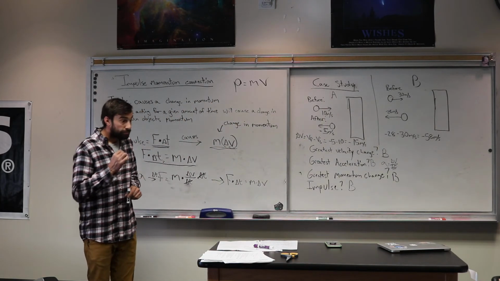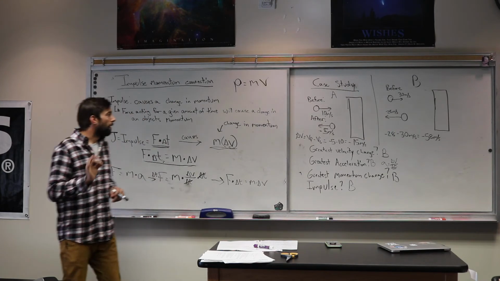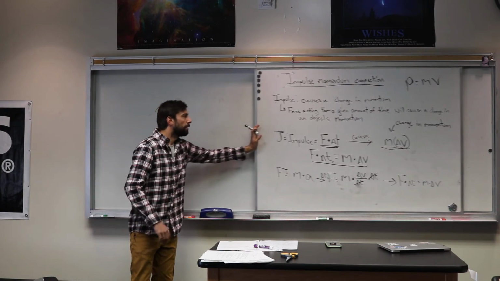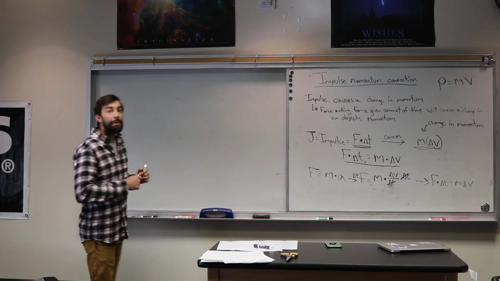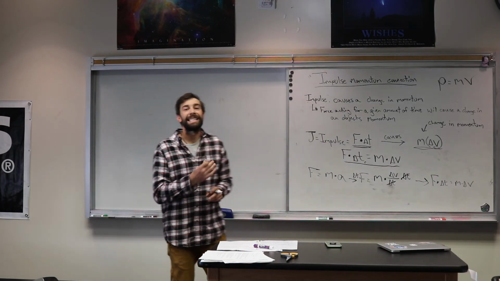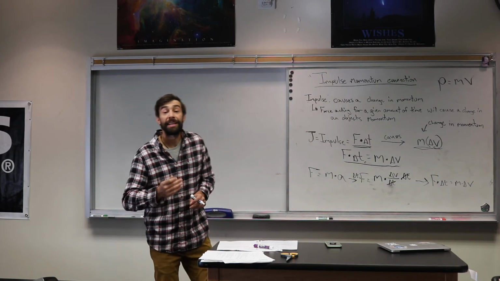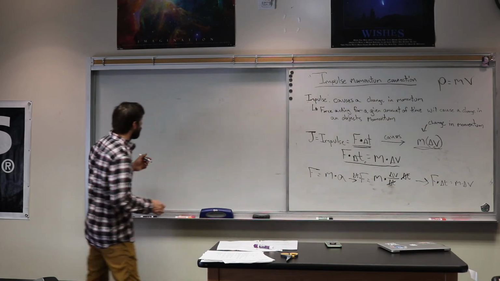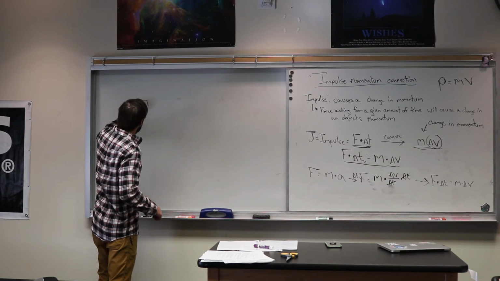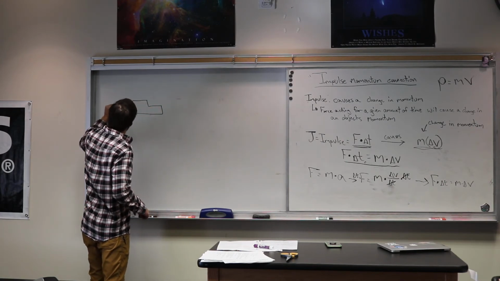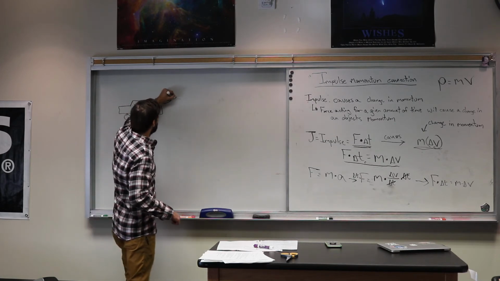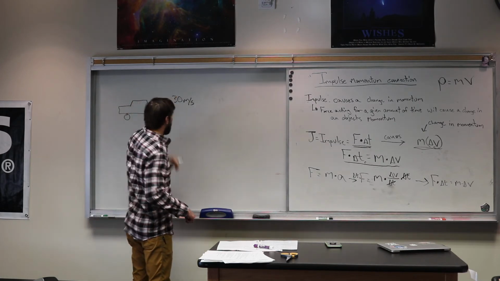So I do want to illustrate one more thing. Let's say we have a car crash, right? And I think this is one of the biggest things that I want you all to come away from this unit with. I'll share some other examples, but I have a car, and it's moving at, let's say, 30 meters per second, right?